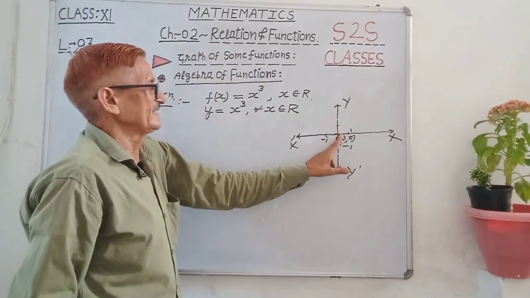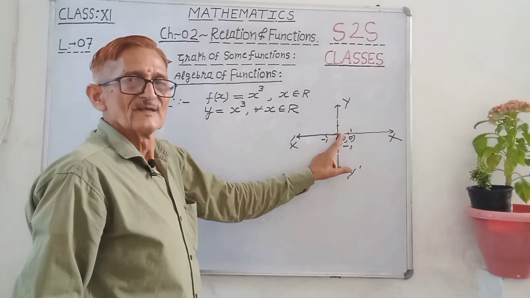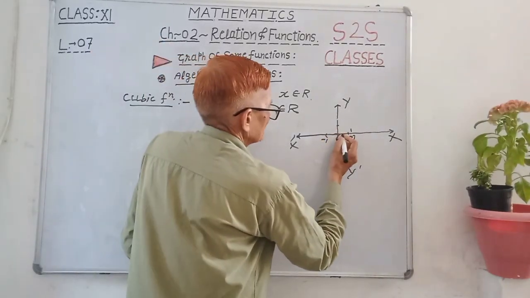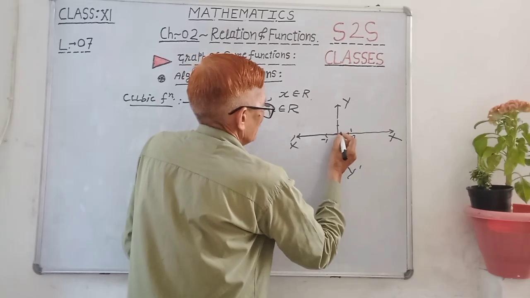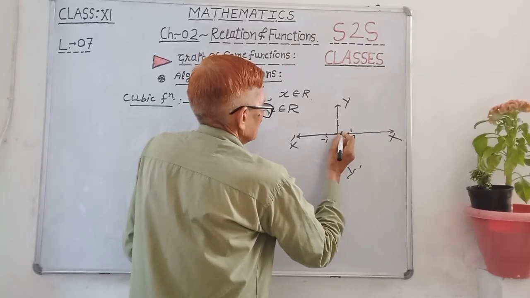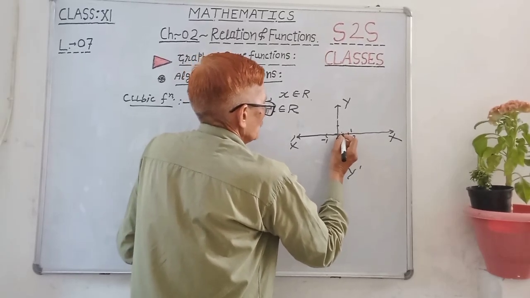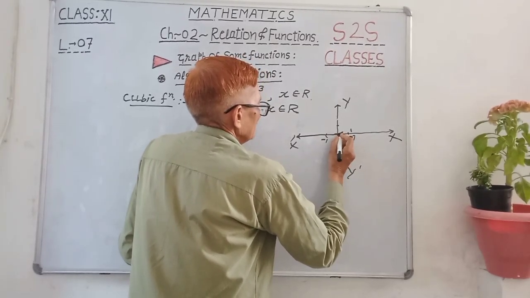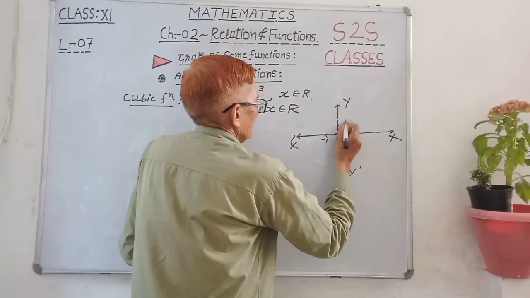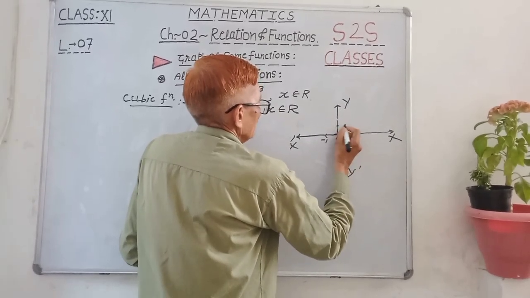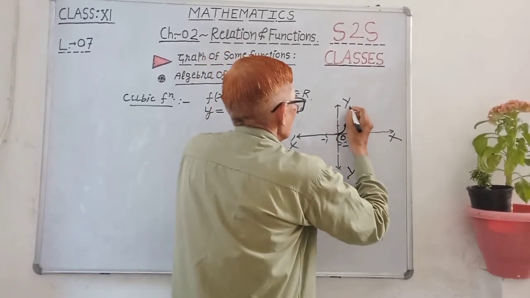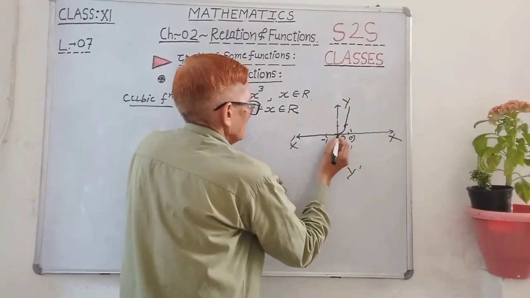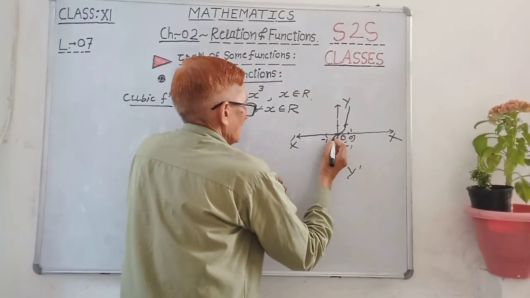In between, if you take half, half whole cube is 1/8, a very small number, so x is half here and y is 1/8, it means very close to the axis. So the graph will go like this, and if x is 1 then y is 1, so the graph will go like this, and here the same like this.